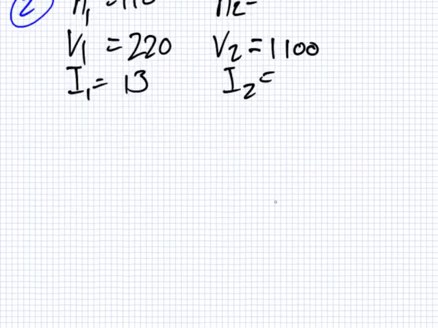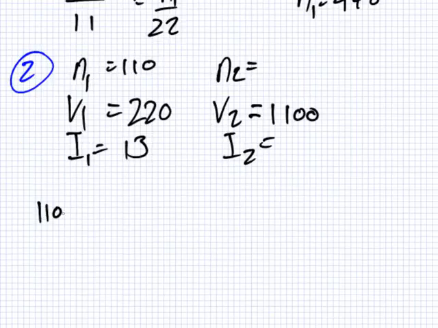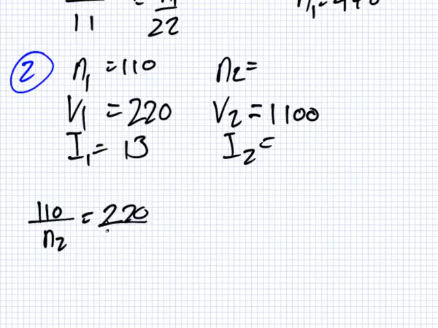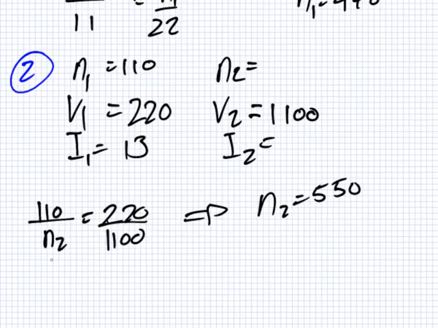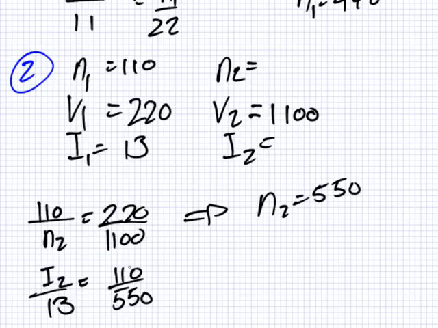Okay, so N1 over N2 equals V1 over V2. So N2 equals 550. And then I2 over I1 equals 100 over 500, which equals N1 over N2.